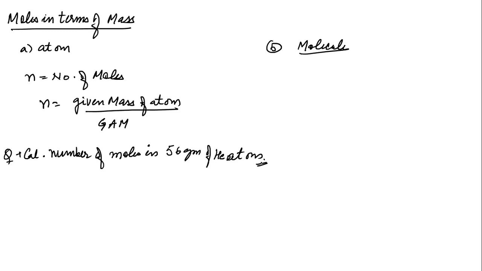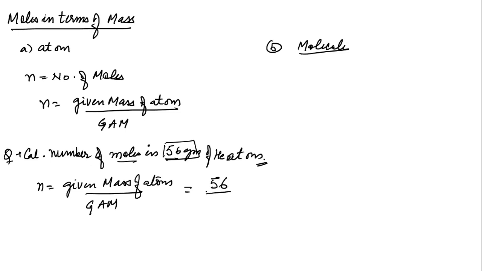Now how will you calculate the number of moles? n is equal to given mass upon gram atomic mass. The given mass of atom is 56.